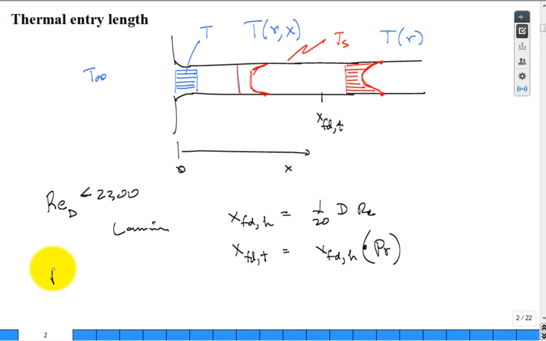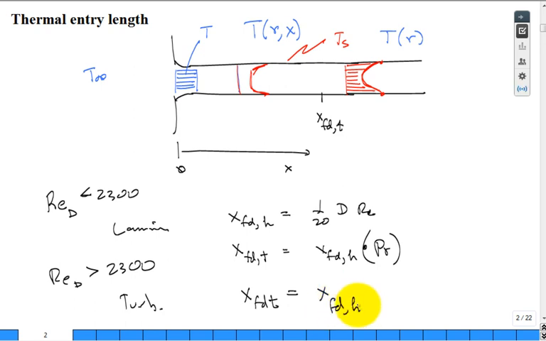What happens if the Reynolds number based on diameter is greater than 2300? Turbulent, then the fully developed thermally will be about the same as the entrance region to be fully developed hydrodynamically. Because the mechanism that controls that temperature profile, these little mixing components of that turbulence, have been exposed to the entrance region.